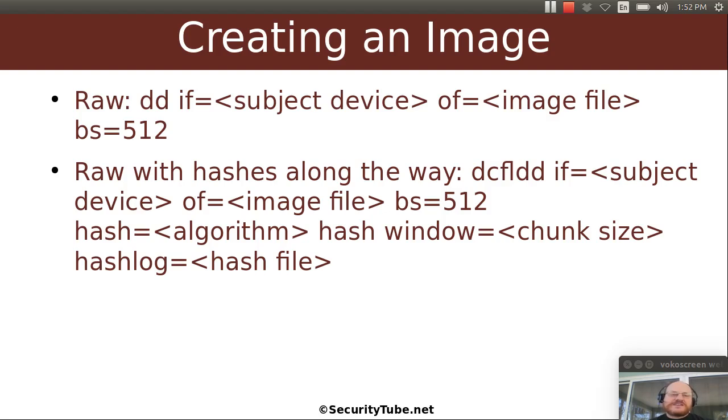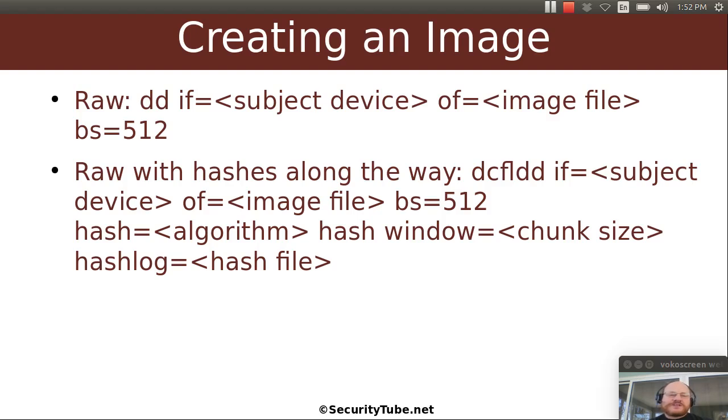On your Linux system, if you say dd and then you give it if equals and the name of your subject device, let's say it's /dev/sdb, and of equals the name of your image file, which might be your case number .img or this drive identifier, etc.